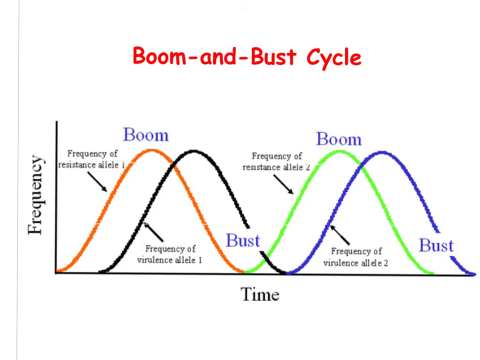So populations do not always follow the nice, neat little logistic curve, just as tidy as it has appeared in our graphs here that I've shown you. Sometimes populations show more extreme cycles.